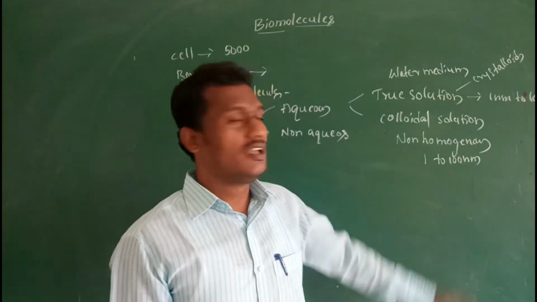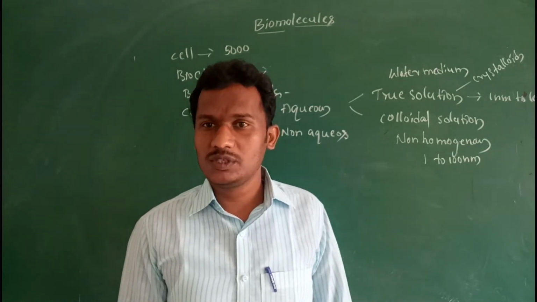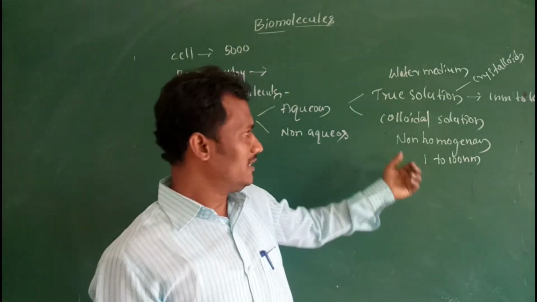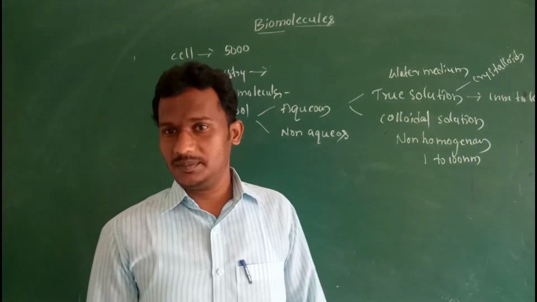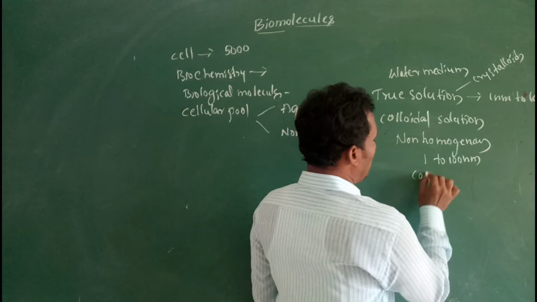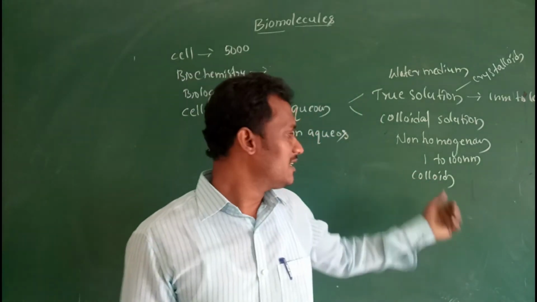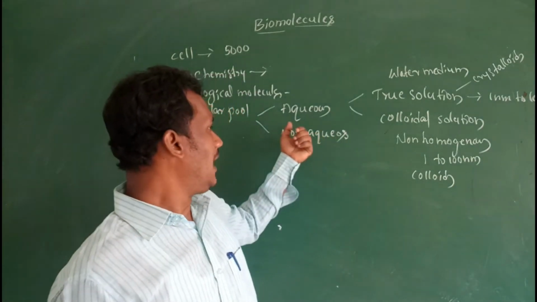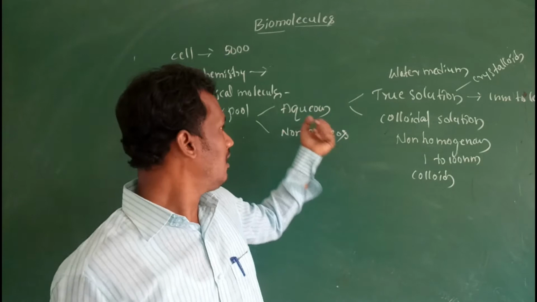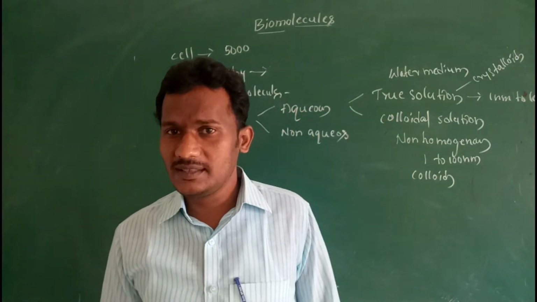This type of solution is known as a colloidal solution, and this type of substance is known as colloids. So in the cellular pool, there are the aqueous and non-aqueous phases. In the aqueous phase, a true solution and a colloidal solution are present.